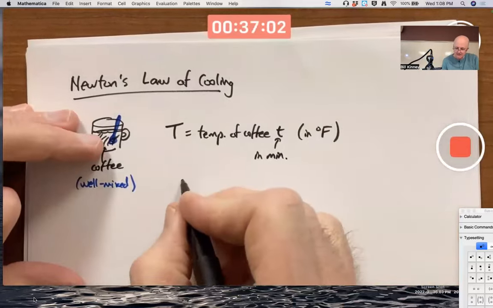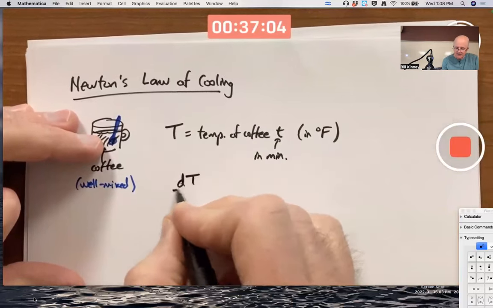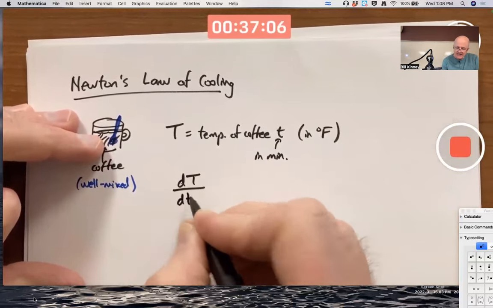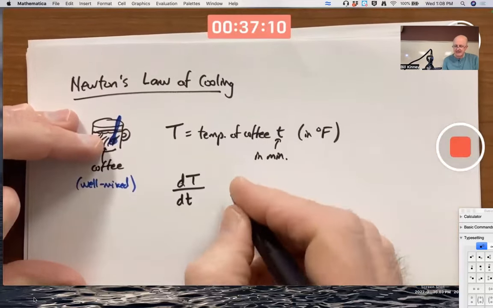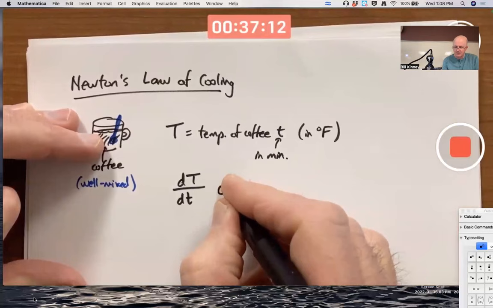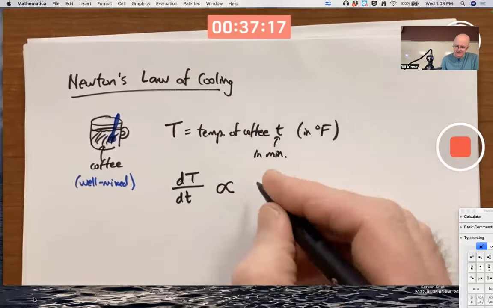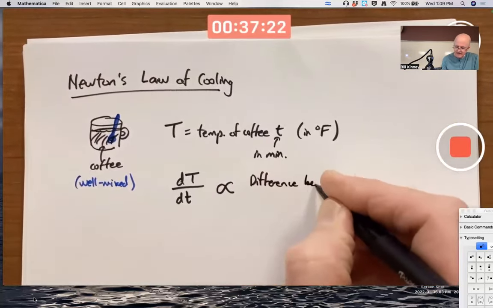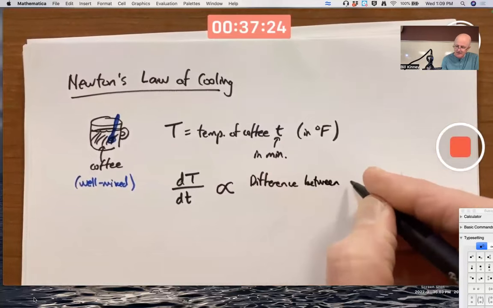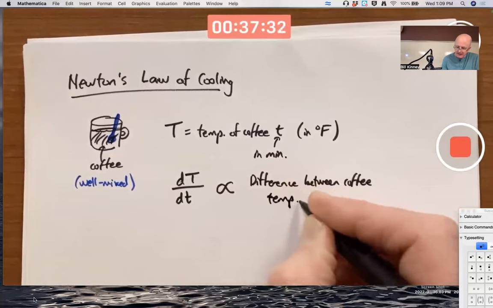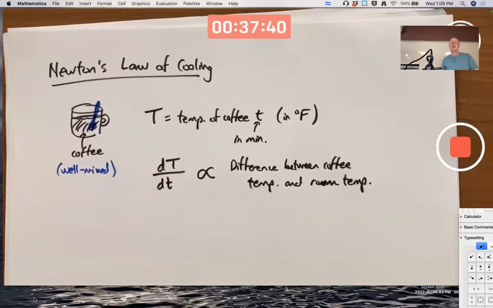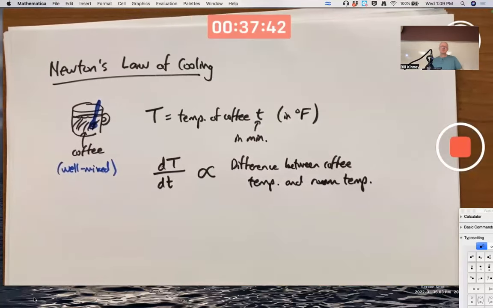Here's the model. The rate of change of the temperature with respect to time, d capital T, d little t, is proportional to the difference between the coffee temperature and room temperature. Is it a good model? I hope it makes some intuitive sense.